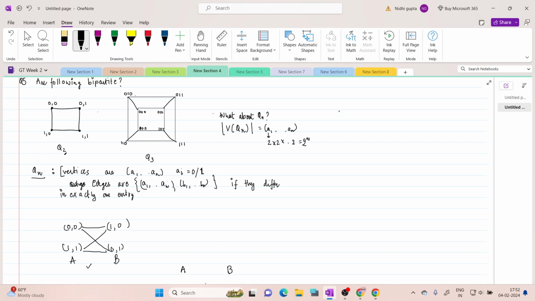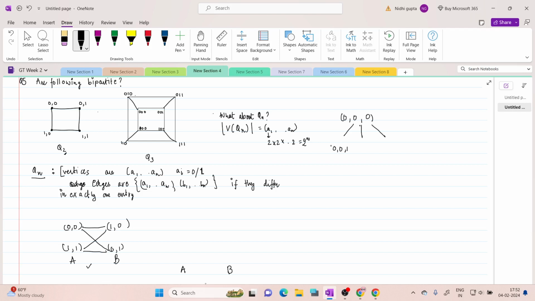First of all, if we have 0 0 0, without looking at the graph, can you tell me which vertices will be adjacent to 0 0 0?